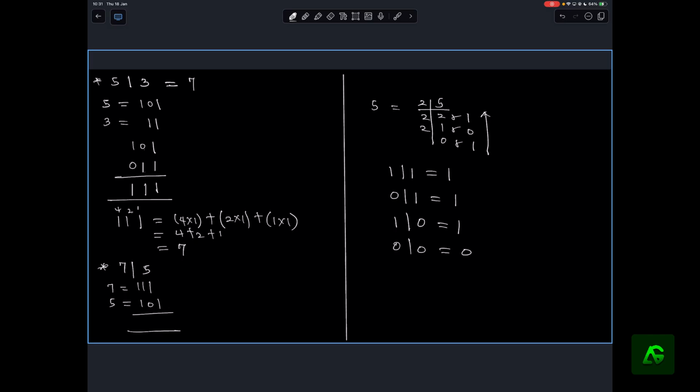The idea is to combine them bit by bit. So 1 with 1 is still 1, right? Am I right? 1 with 0 is 1. And 1 with 1 is what? Are you sure I'm right?